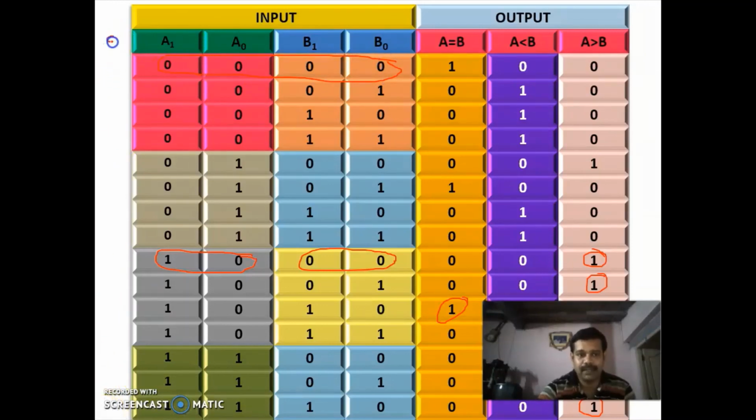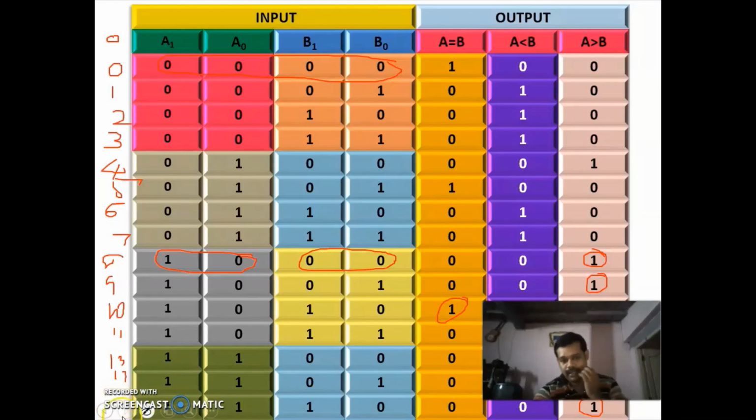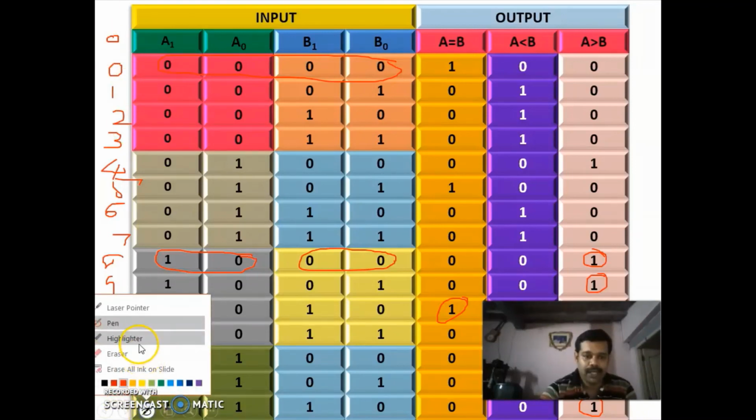That is nothing but this is 0 0 0 0 is 0, 0 0 0 1 is 1. Then 2, then 3, then 4, 5, 6, 7, 8, 9, 10, 11, 12, 13, 14, and 15. Okay, from 0 to 15 we will be having. So you have to write the decimal values.